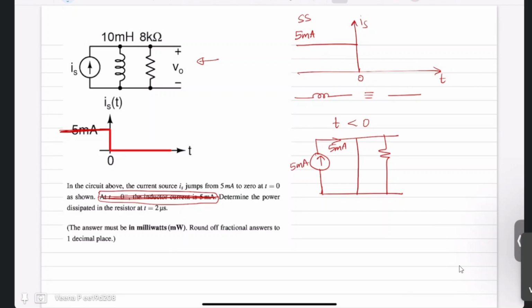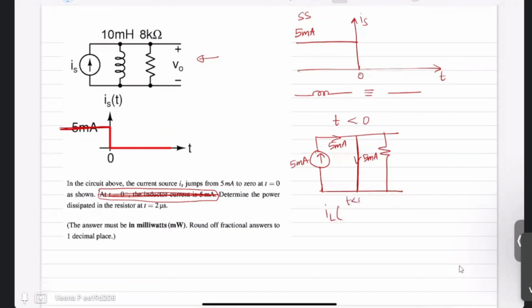Current will always choose the low resistance path. So you will have your 5 milliampere flowing through the short circuit path. That means your inductor initial current, for t less than 0, has obtained steady state, and that value is 5 milliampere.